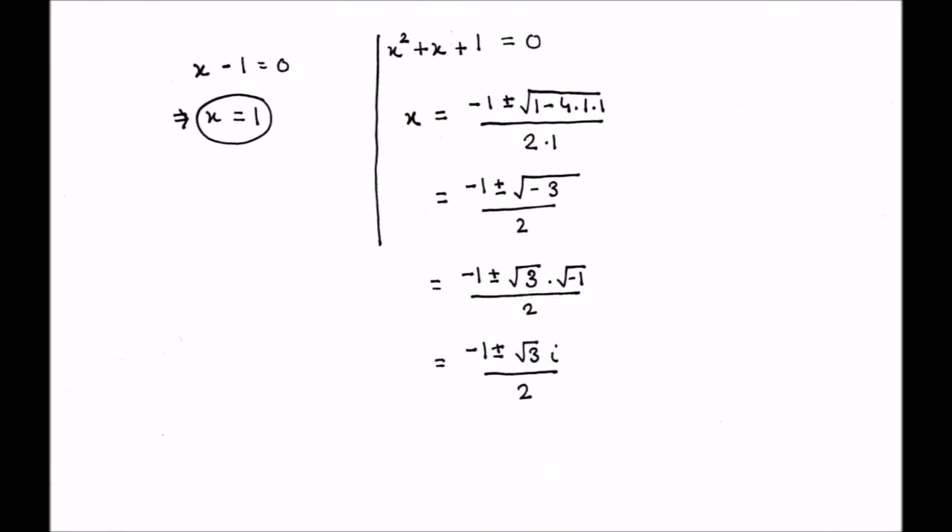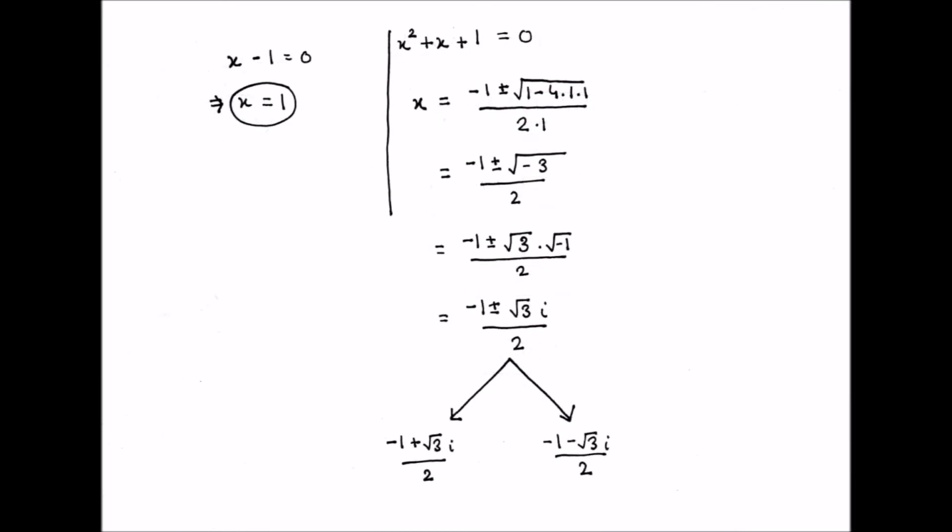This can be written as minus 1 plus or minus root 3 times root of minus 1, divided by 2, which equals minus 1 plus or minus root 3 i divided by 2, because the root of minus 1 is i. So it gives two values, one with a positive root 3 i in the numerator and another with a negative root 3 i in the numerator.